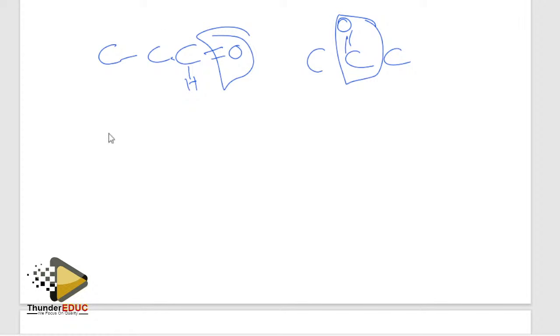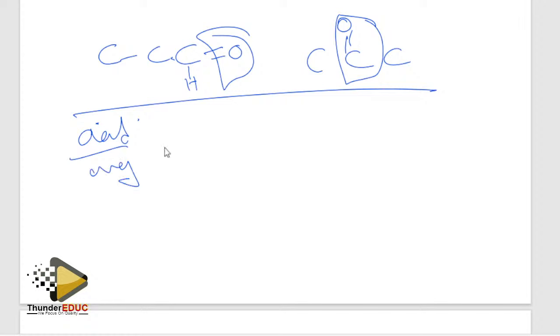For example, if I have a reaction, so now I might combine this with the reactions. If I have an acid, which is an organic acid, plus alcohol, then in presence of sulfuric acid, you form an ester.